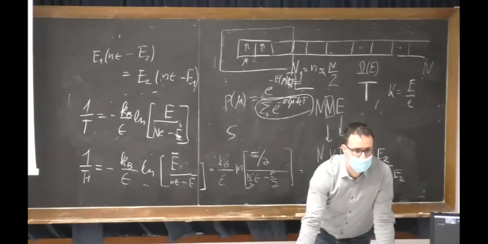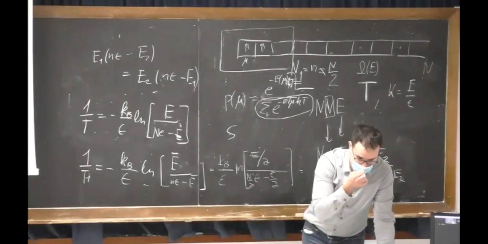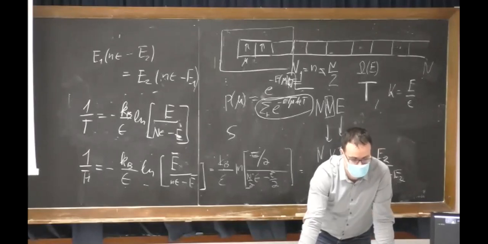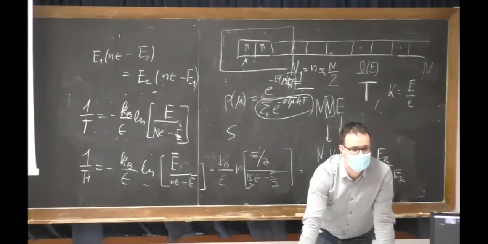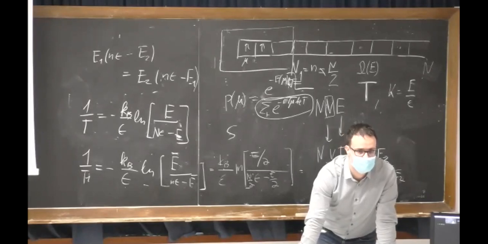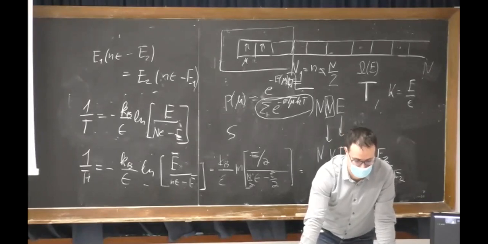No, I need just a numeric value, because to put something on the plot, you need numbers, right? So this number, E equals 0, does not matter in that problem. What matters is delta E, right? And I give you values for that. Okay, thank you. Just to be able to plot it with some numbers.